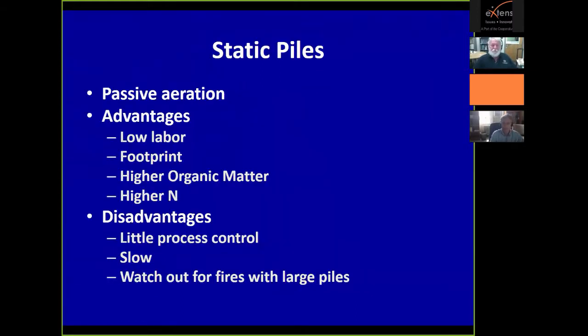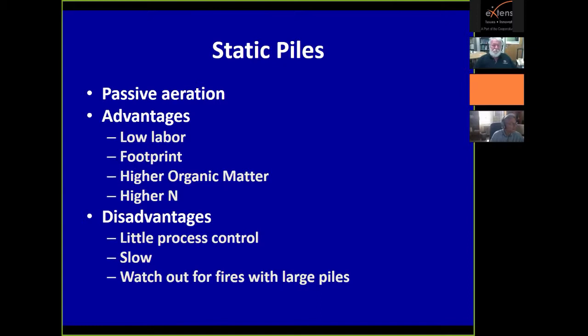Static piles are the simplest way of composting and one of the oldest ways of composting. Essentially, you take your ingredients and leave them in a pile. Aeration is passive. That is to say, the air moves into the pile and up through the pile through natural convection, the process whereby heated air rises to the top, and cool air replaces that heated air coming in from the side.